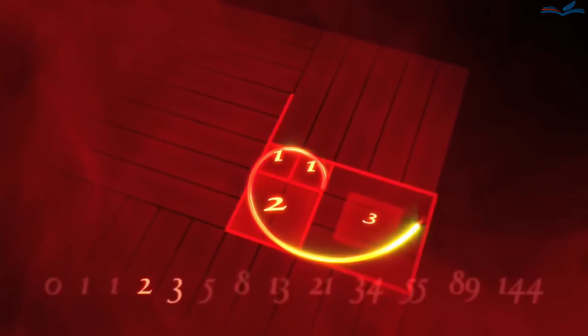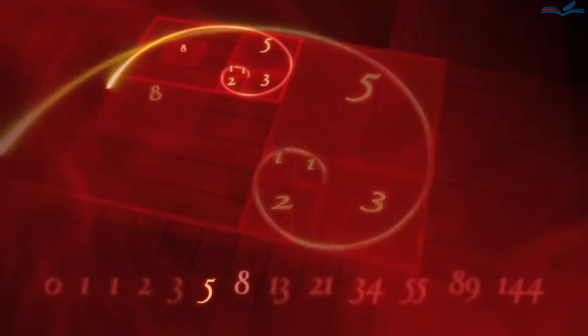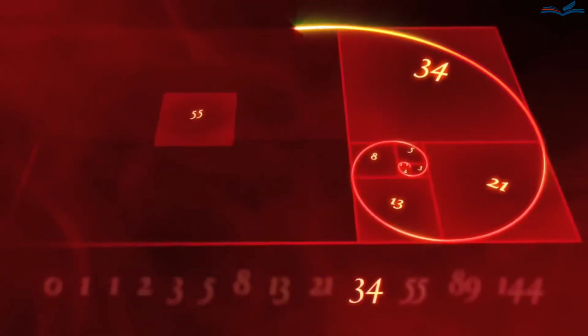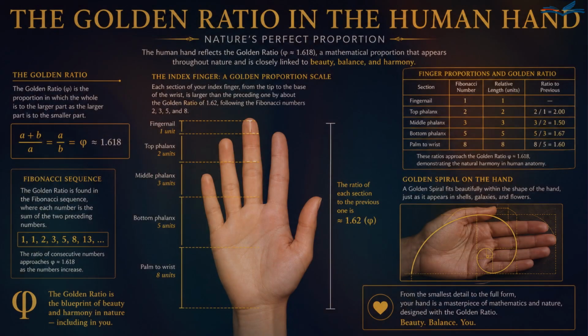What makes this even more fascinating is how these mathematical relationships show up in the human body. Your hand creates a golden section in relation to your arm, as the ratio of your forearm to your hand is also 1.62, the divine proportion.